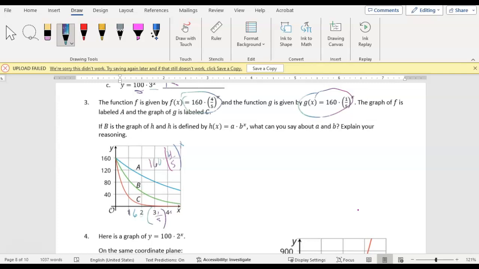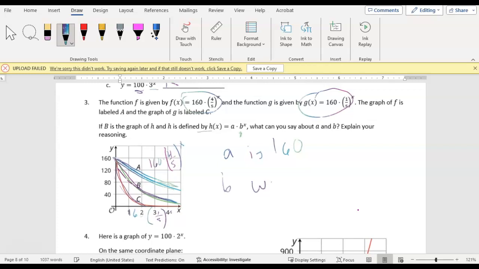It says if B is the graph of h, or the middle, and it's defined by this, what can you say about a and b? So a is 160 because it's starting at the same starting point. And then b right here would be our factor. Now, in this case, it is decreasing between the 1/5 and 4/5. So here it's retaining a lot of its value, and here it's losing a lot of its value.